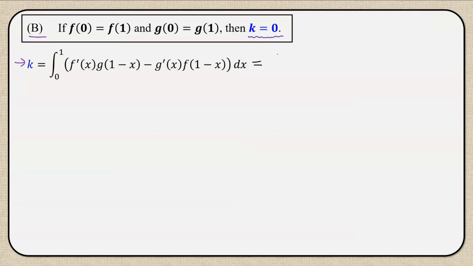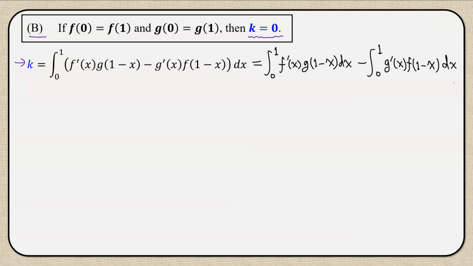First, let us split this into two integrals by writing the integral of f'(x)g(1-x) dx minus the integral of g'(x)f(1-x) dx. Here, we must somehow use these two given equalities. And since the derivatives are involved in the integral, integration by parts can be a useful tool here.